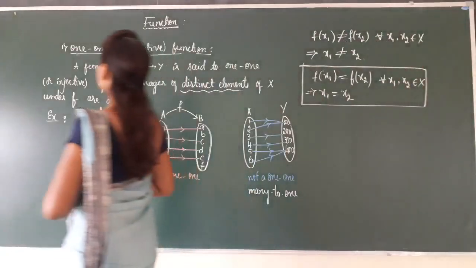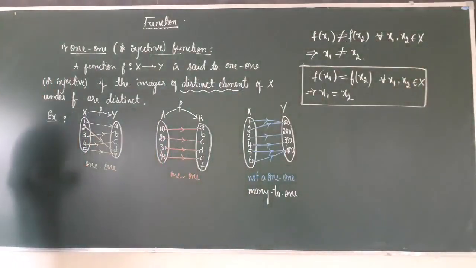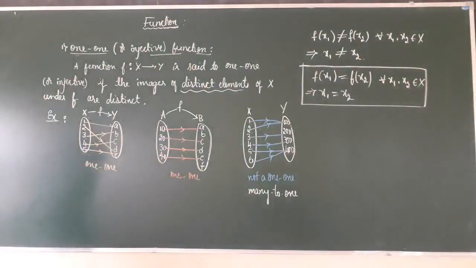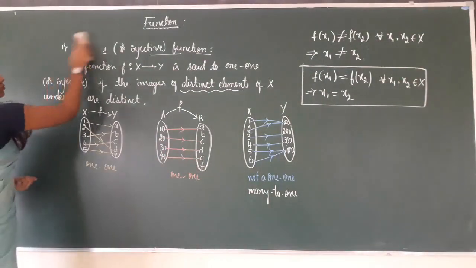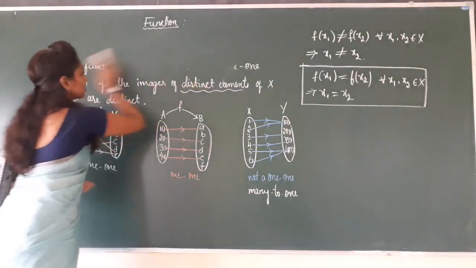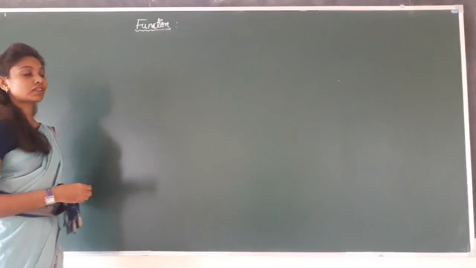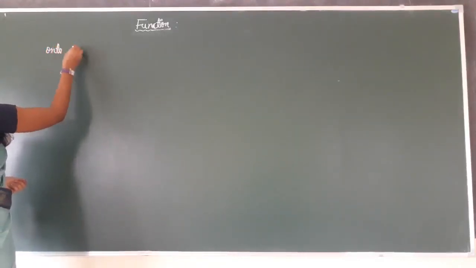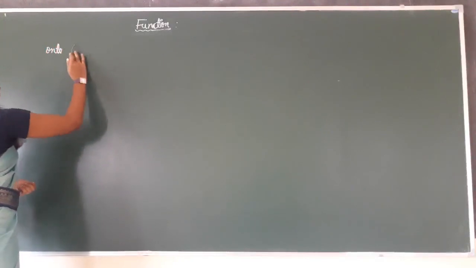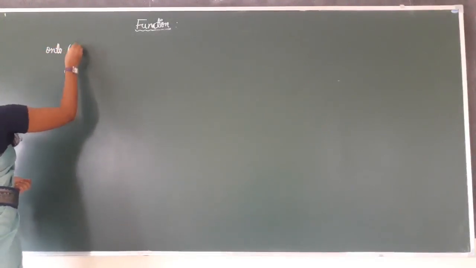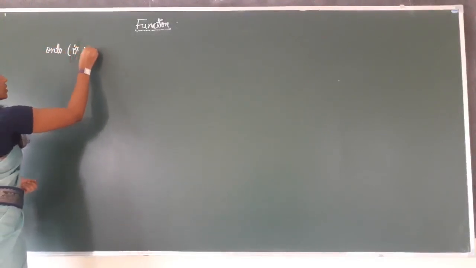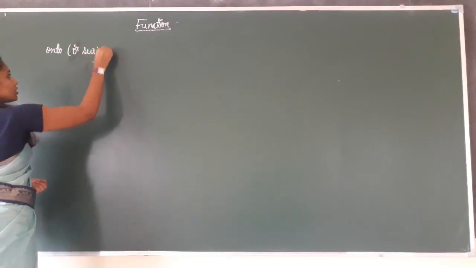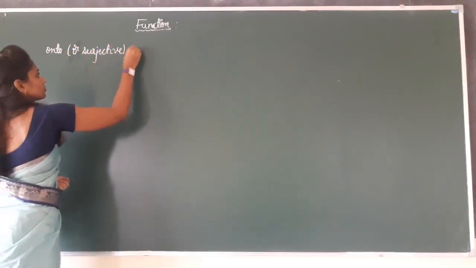Now move on to the next function, that is onto function. The second one is onto function. Onto is also called surjective.